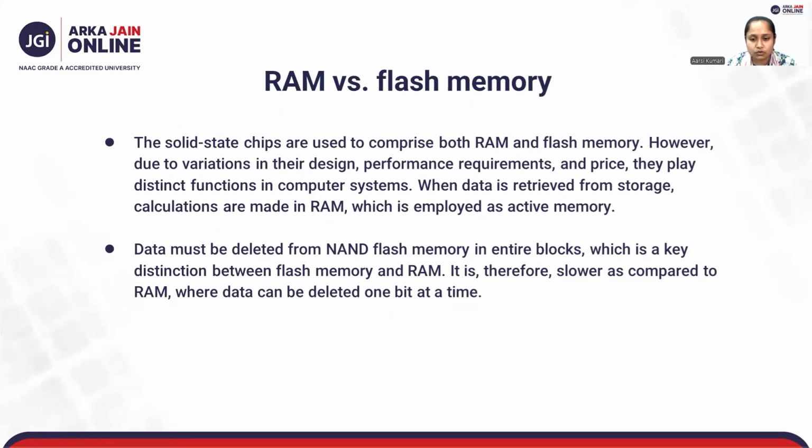It is therefore slower as compared to RAM, where data can be deleted one bit at a time. However, NAND flash memory is non-volatile and less expensive as compared to RAM. It can save data even when the power is off. Unlike RAM, flash is frequently employed as the storage memory in SSDs, despite its slower speed, because of its non-volatility and lower price.